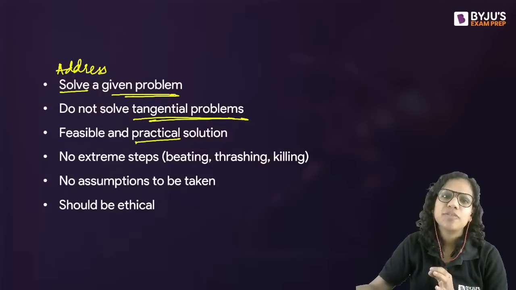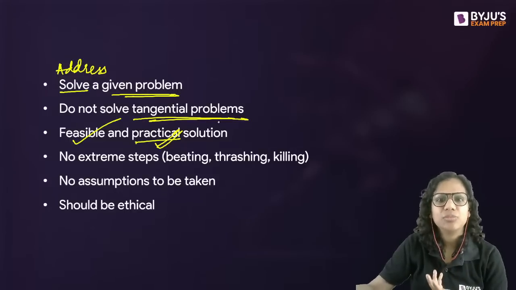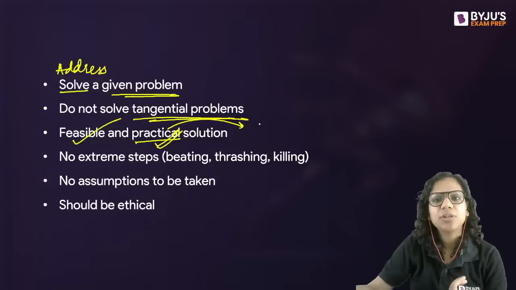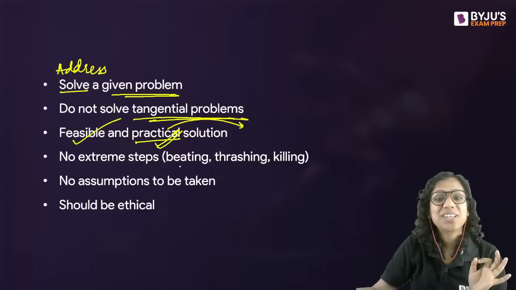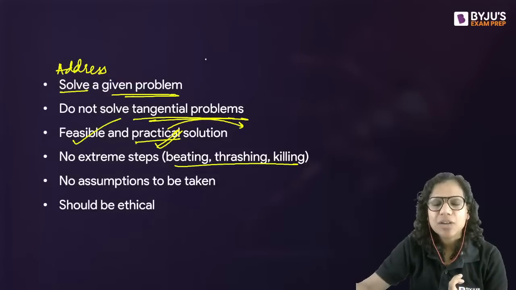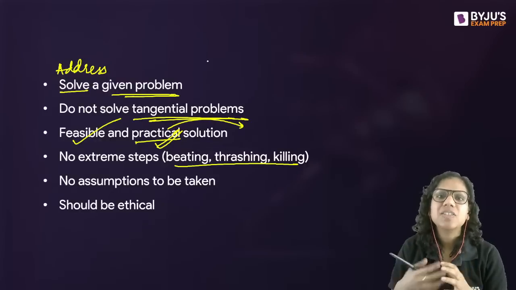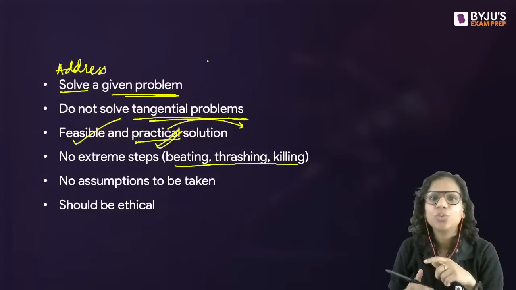Any good course of action is feasible, which means it's humanly possible, and it is practical, meaning it's implementable. If you can't implement it, then it's not a good course of action. No extreme steps are advocated: beating, thrashing, killing. These are the extreme steps that are not. However, let's say expelling someone, usually again it is an extreme step, but if the situation is very extreme, then it will be justified.